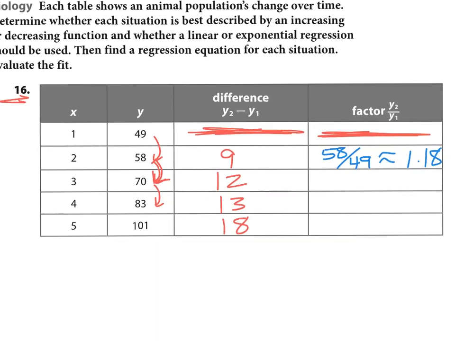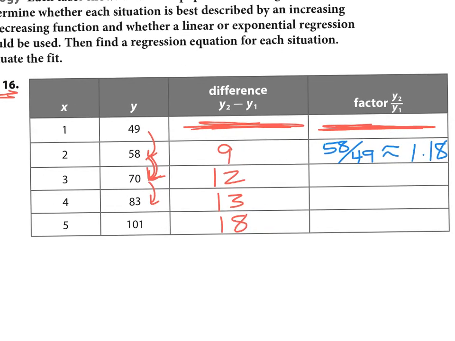Then we do the next one: 70 divided by 58, and that's 1.21. Again, these are approximations. 83 divided by 70 is 1.19, and then 101 divided by 83 is 1.22.